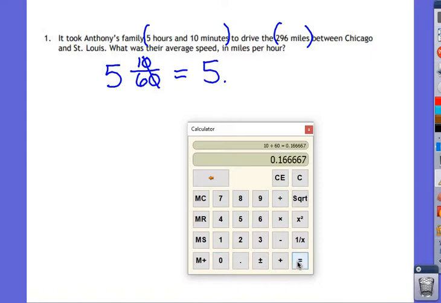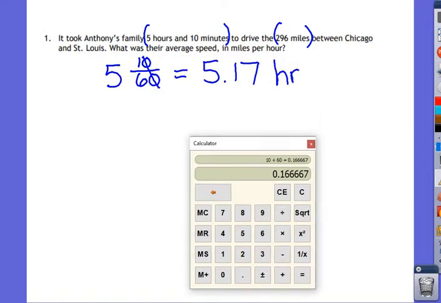I have a lot more numbers than that. I'm going to say that is 0.17. Do you see how I got 0.17? I just rounded to 2 decimal places. So I'm going to use this as my time. So it was 5 hours, 5.17 hours. So now I have 1 number I'm looking at.